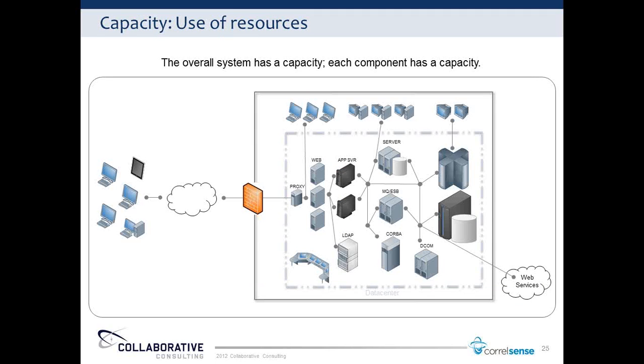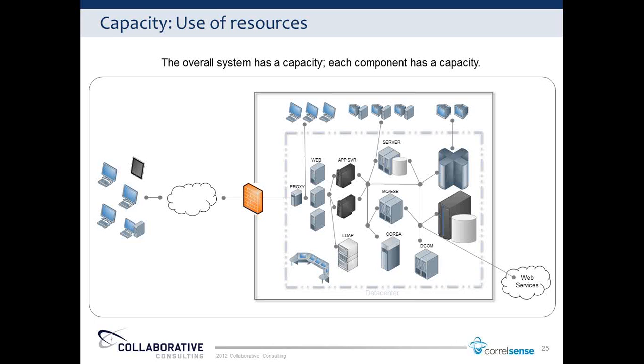And capacity is watching the resources, how they're being utilized. In this complex system in front of you here, many components. The system has an overall capacity, which might be 10 transactions a second. Each individual component will have a different capacity rating.